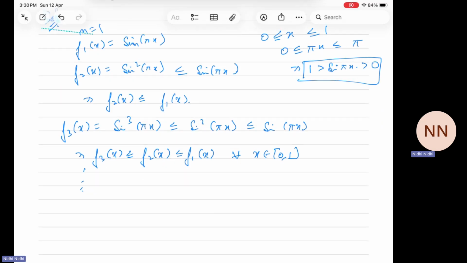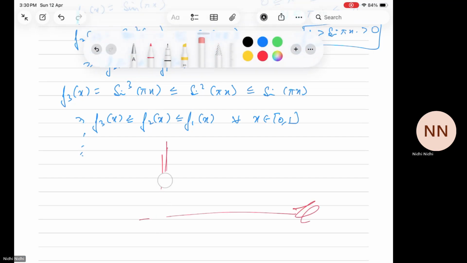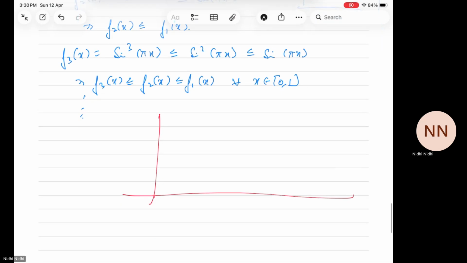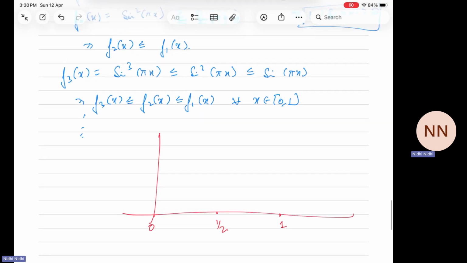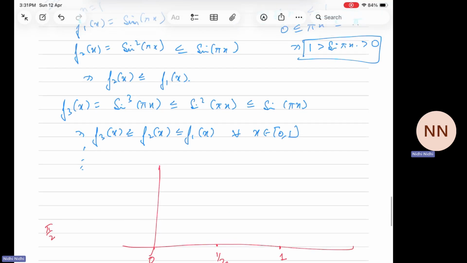So now let's try to plot these functions. We have 0, 1, and somewhere in between is 1 by 2. Since at x equals 1 by 2, pi x is pi by 2, we know that sine pi by 2 is 1, whatever the power will be.